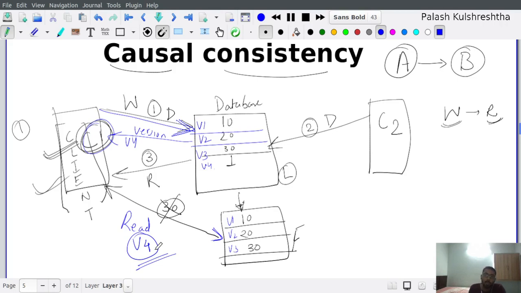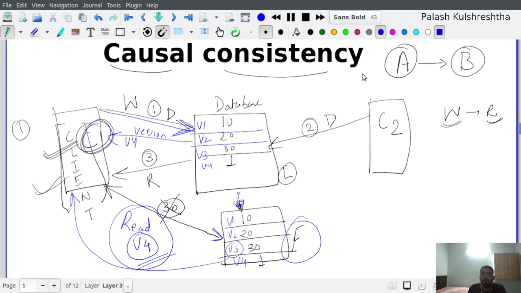So the follower is not going to return the latest data that it has, that is at version V3. It is going to hold this read request until version V4 is replicated from its leader. Now when version V4 gets replicated and becomes available, then this follower is going to return this data.